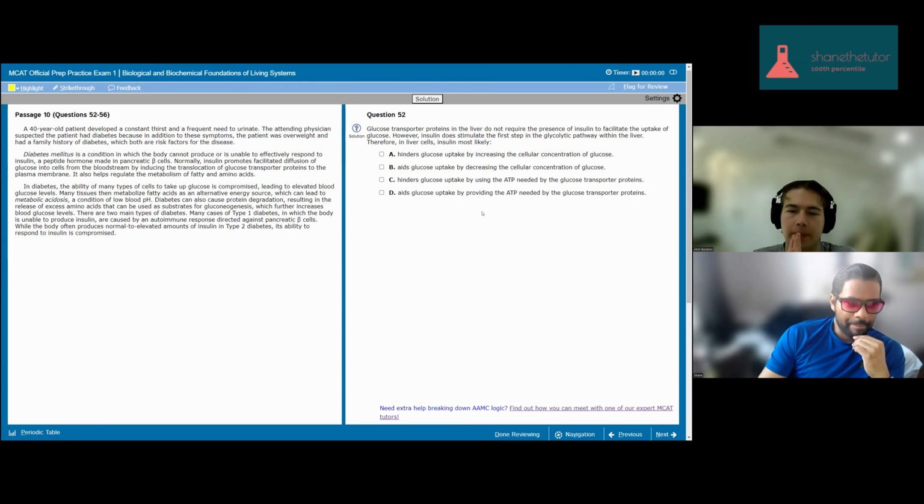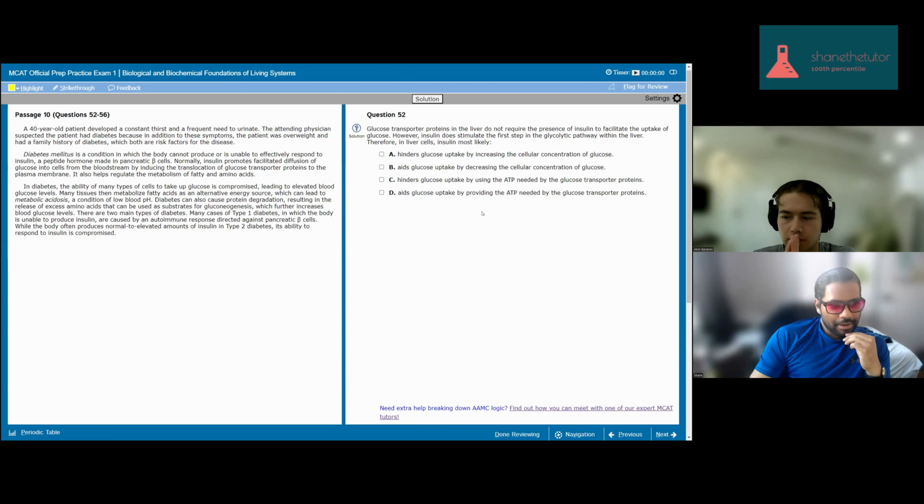So from the passage, when you read up to here, okay, peptide hormone. I talked to you about buzzwords before, right? So peptide hormone, unlike a steroid hormone, can't just freely pass through the cell membrane, but needs transporters.